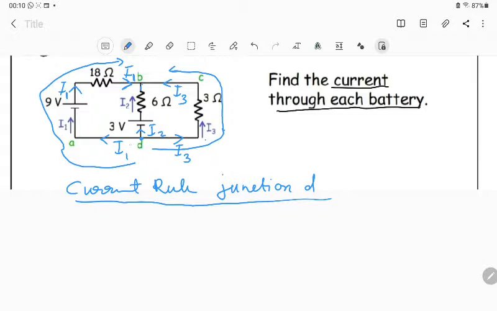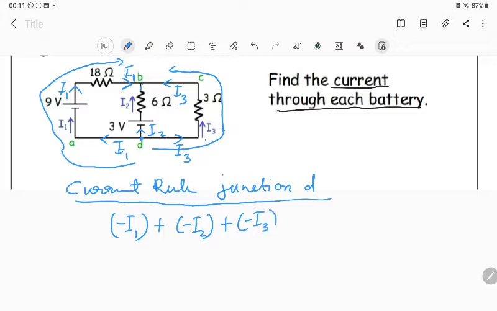So how many currents are flowing into the junction? If you see the direction of all these currents, none of the current is flowing into the junction D, so all the currents are negative. So the sum of all the currents is first minus I1, minus I2, because I2 is also flowing out of the junction, plus I3 is also flowing out of the junction, so it is also minus.